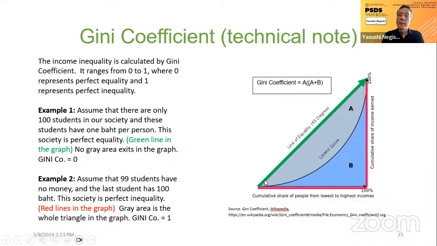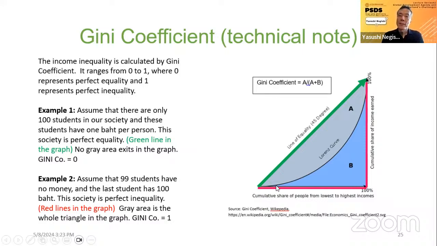Since we are going to measure this in reality, we put the people from less wealthy to wealthy on this line.